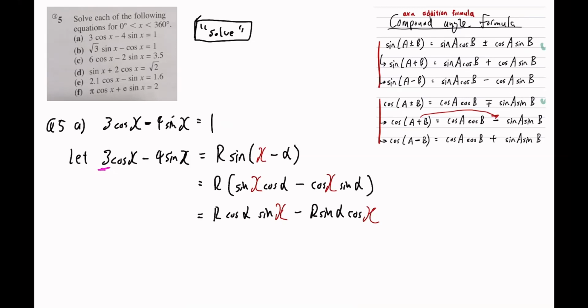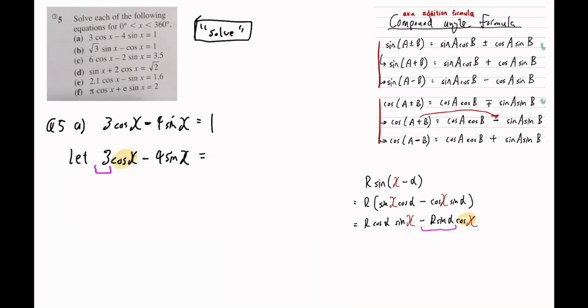Wait, let me think. You want to compare cosine x with cosine x? Here's cosine x, here's cosine x. Minus r sine alpha equals 3, there's a minus now. So you have to let negative r sine alpha equal 3, if you really want to use it. It is possible, but that is not what we recommend because there will be negative signs. So actually sine of x minus alpha is not a good choice. Oh no. Throw away.